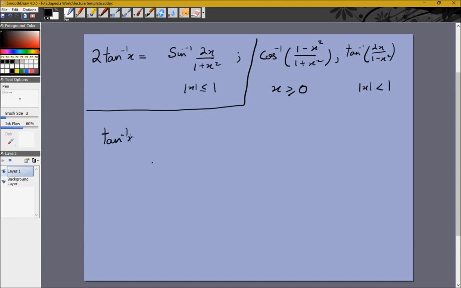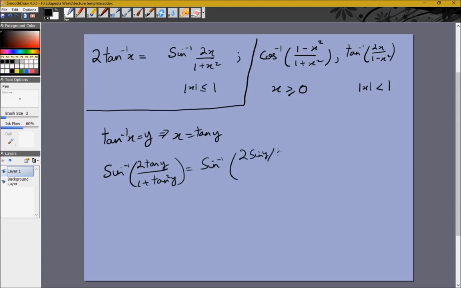You take tan inverse x is equal to y, which means x is equal to tan y. And then you look at sine inverse of 2x by 1 plus x squared, which becomes 2 tan y by 1 plus tan squared y, which you can simplify. 2 sin y by cos y by 1 plus tan squared y, which is 1 plus sin squared y by cos squared y.